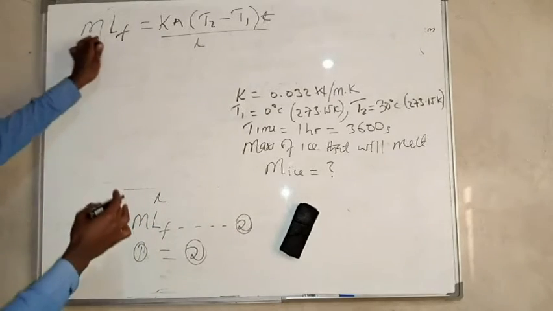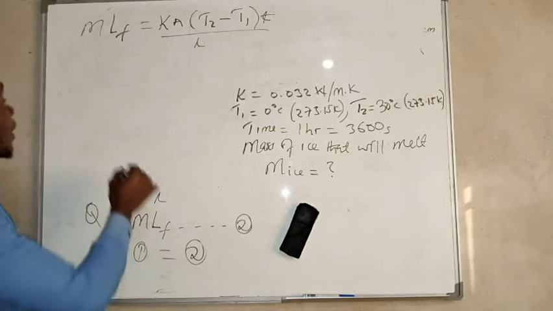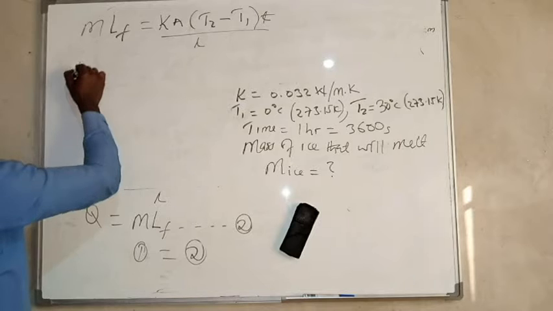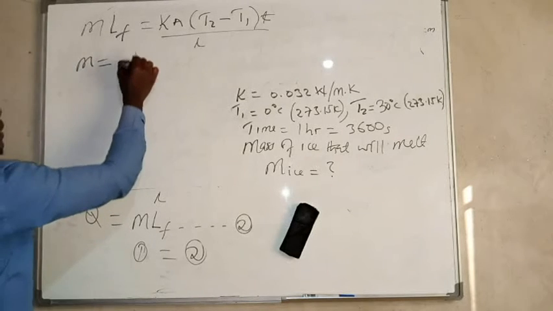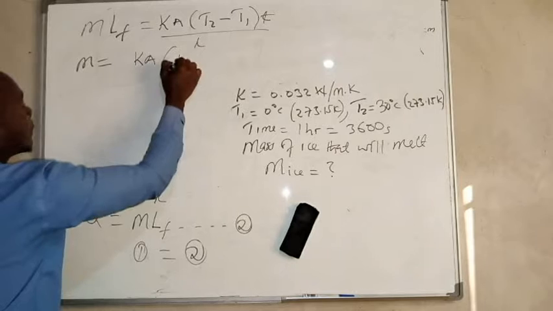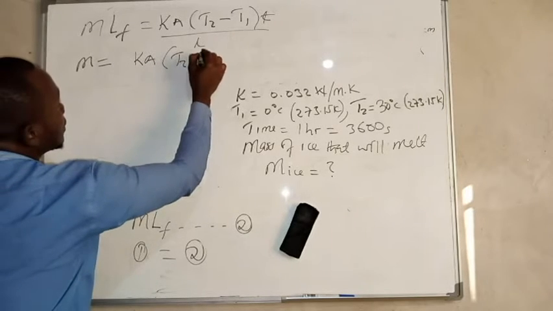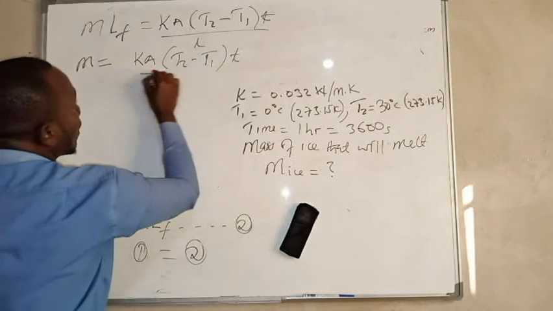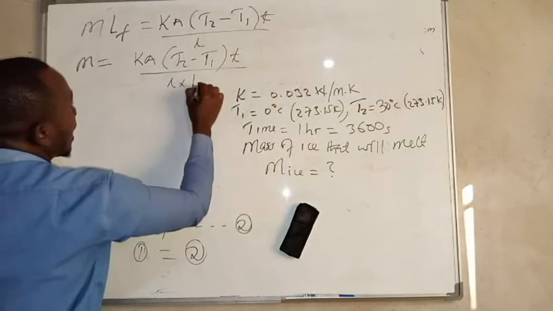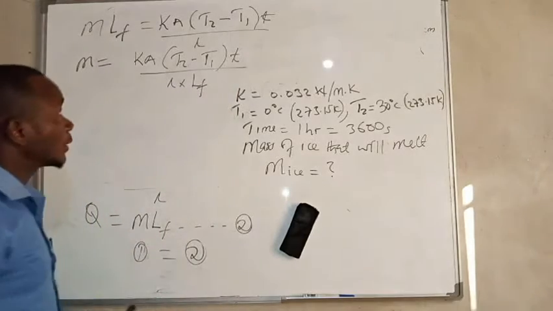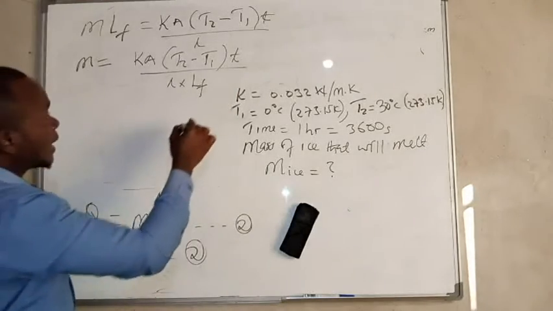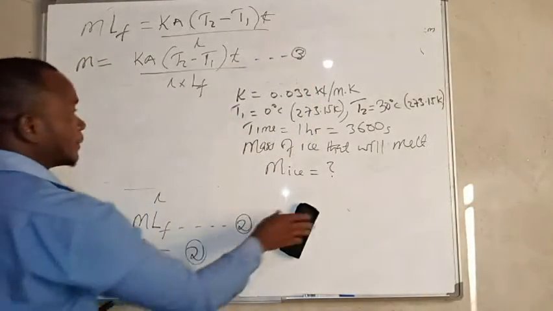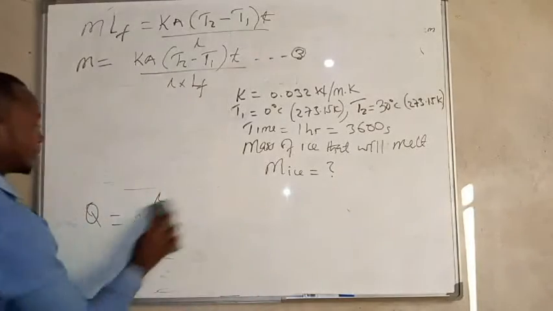Making M the subject of the formula, we divide by the latent heat of fusion, so M is equal to K A (T2 minus T1) times t over the thickness times the latent heat of fusion. Let us call this equation number 3.